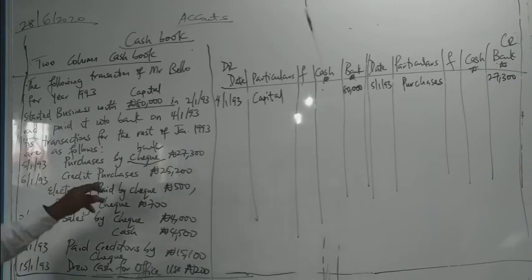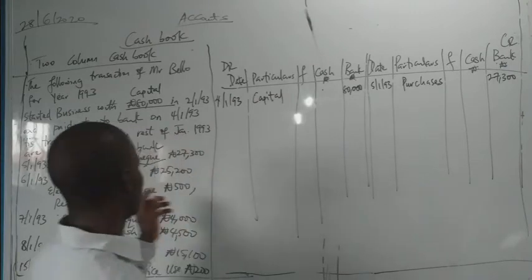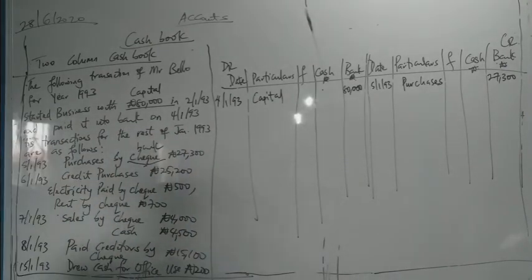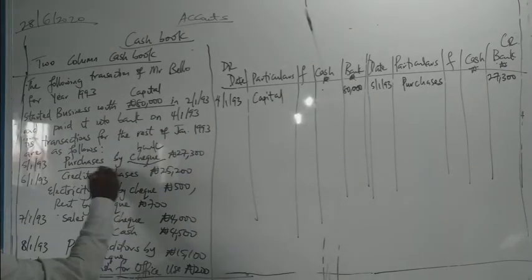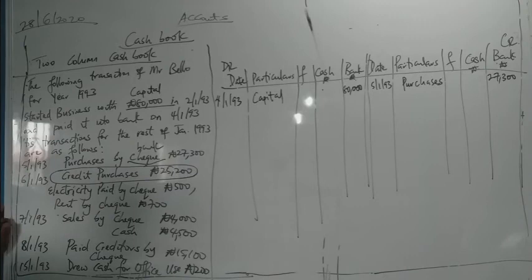Please, anything credit will never hit any of this side. Why? It doesn't involve cash or check. So this particular entry will be made in the journal. If you remember our journal, when we were doing the day book and the journal, we told you any credit items will be recorded in the journal.